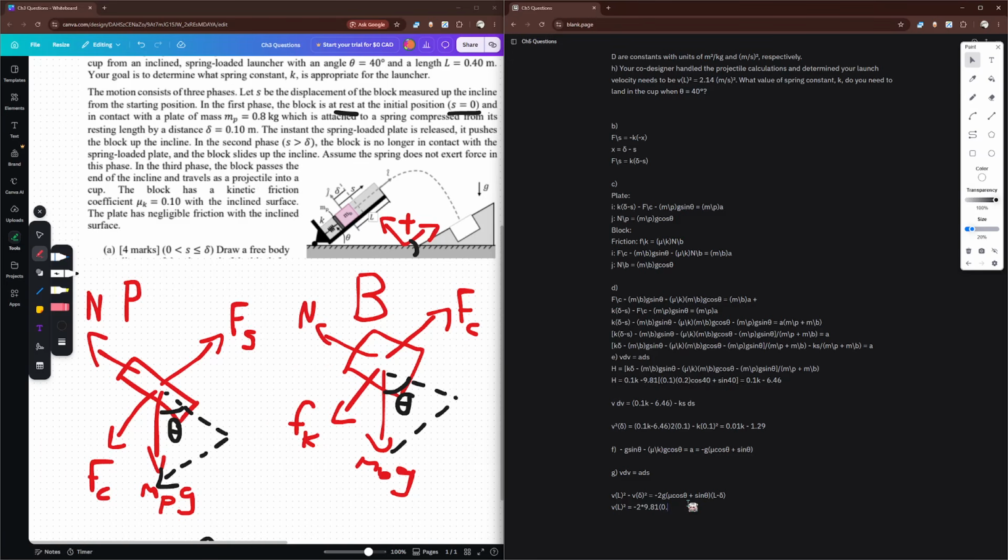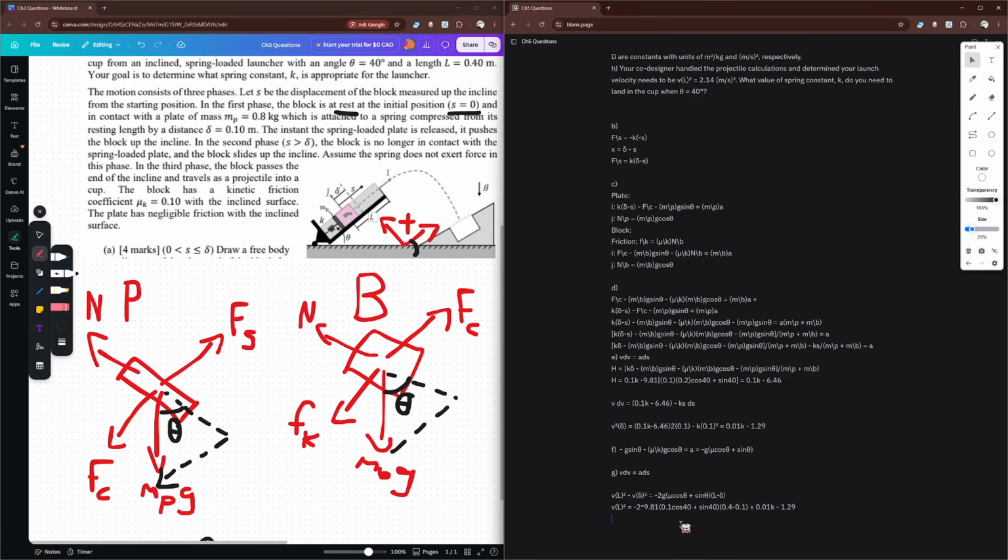Sorry, mu is 0.1, cosine 40 plus sine 40. And then L is 0.4 minus delta 0.1. And then plus this, so 0.1k. Yeah, plus this, like so.